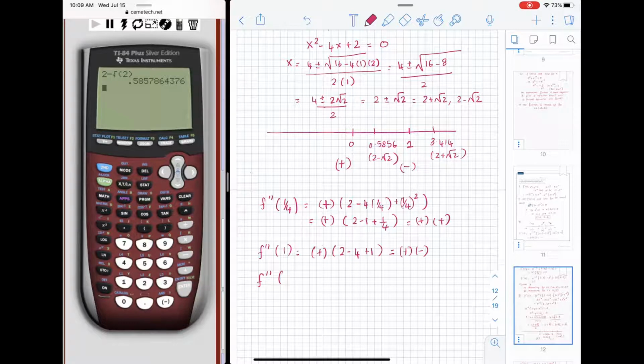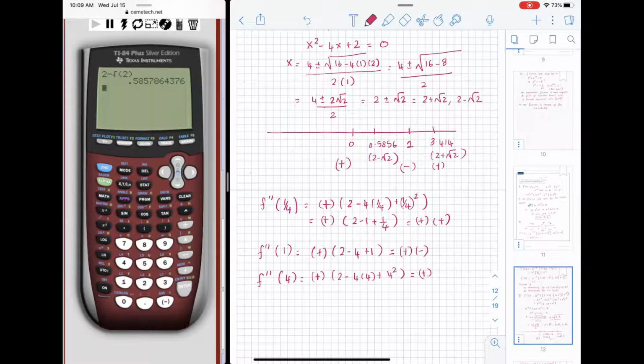Easy number past 3.414, which is 4. So I'm going to plug in 4. The exponential is always positive. 2 minus 4 times 4 plus 4 squared, which is a positive number.